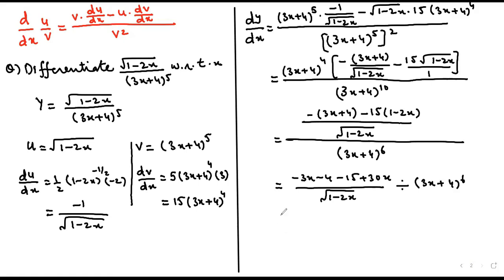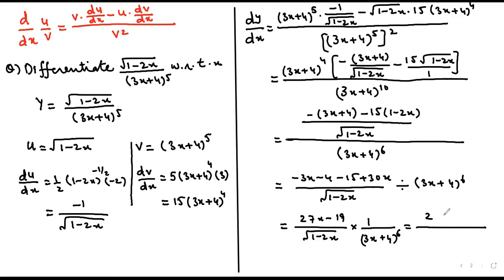Now, this one will become (27x − 19) over under root (1 − 2x) into 1 over (3x + 4) power 6. This one is the final answer, and we can also write this one like this.